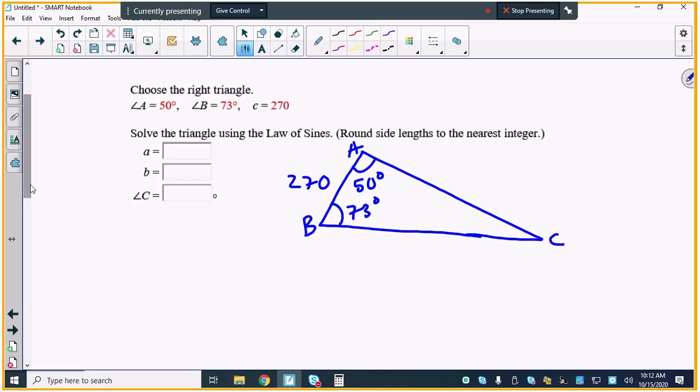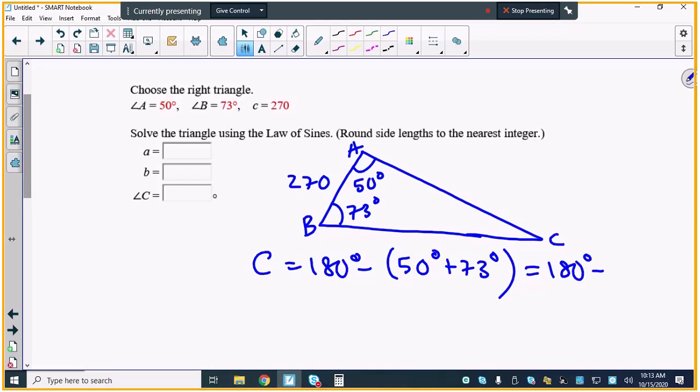So the first thing that we will work out is finding the angle C. And that is easy because the angle C is going to be 180 degrees minus (50 degrees plus 73 degrees). So this is 180 degrees minus 123 degrees.